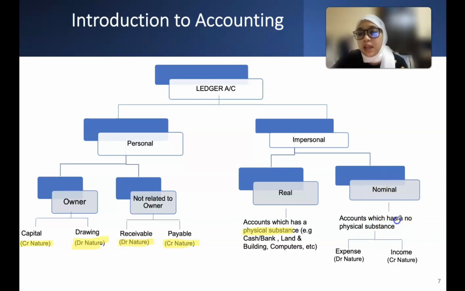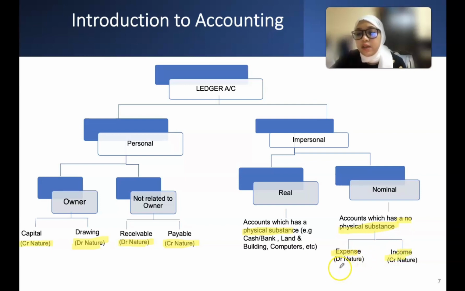Nominal accounts have no physical substance. We cannot touch them, we cannot show them. Something which has a physical substance falls under real accounts, and something which does not falls under nominal accounts. Under nominal accounts, there are two types: expense and income.